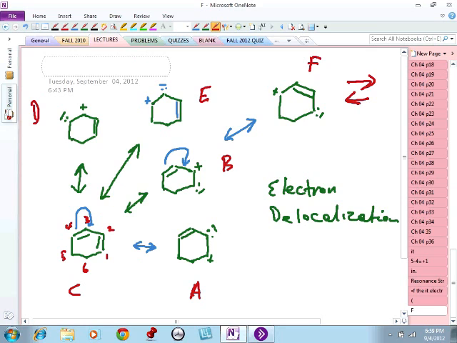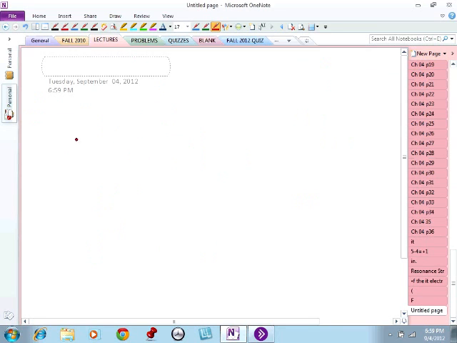So what you are saying is, can I do this? We have carbon 4 right here. So you want me to move these electrons to carbon 1.